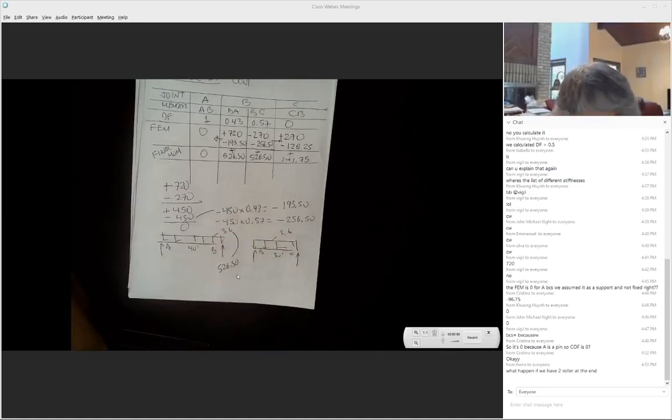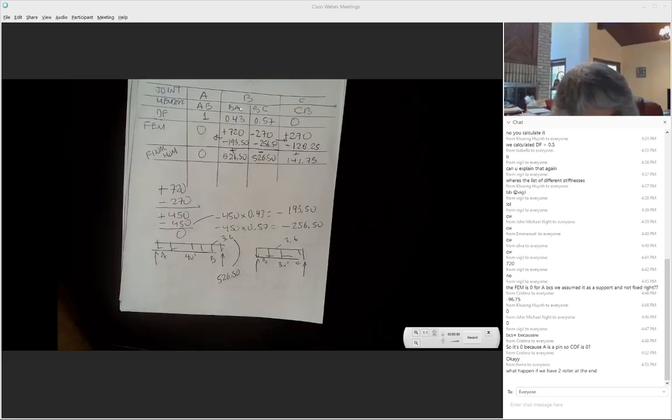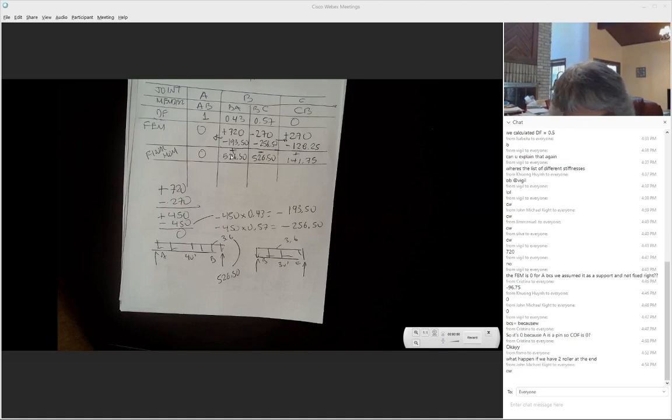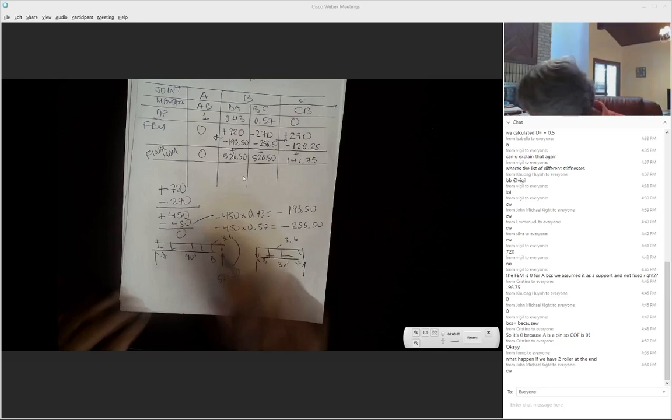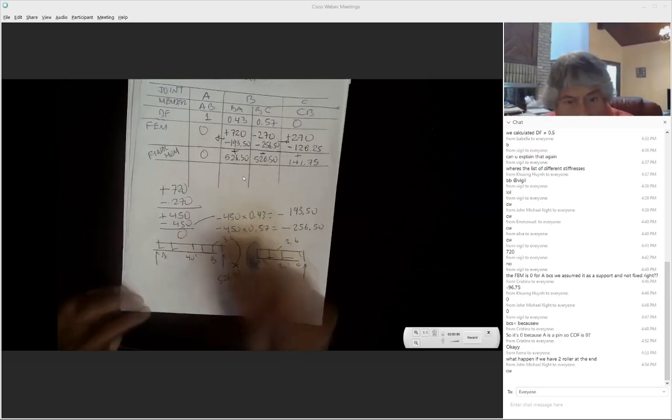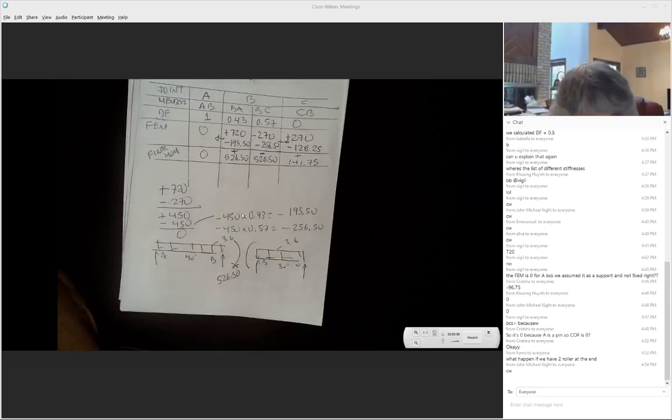Based on this, is the moment clockwise or counterclockwise? Look, moment BA. What is the direction? Anybody, clockwise or counterclockwise? Clockwise, good. The other one is the same because it has to be equal and opposite. What is the direction here? With this minus.